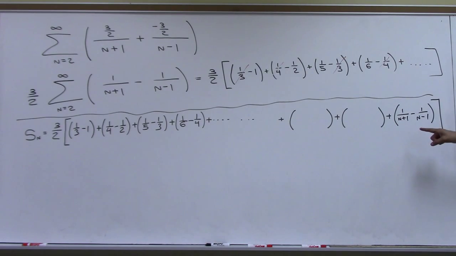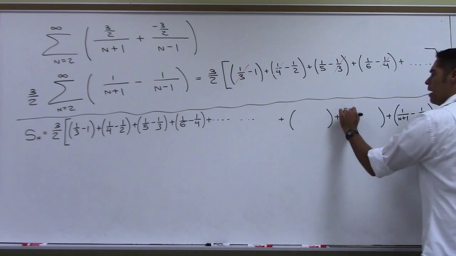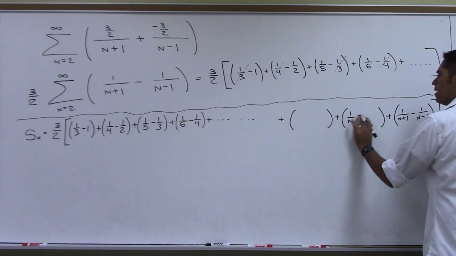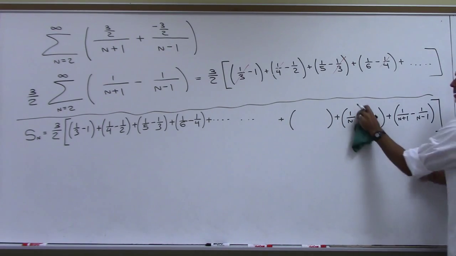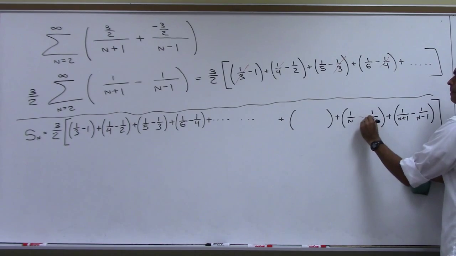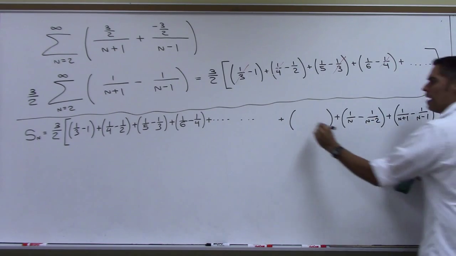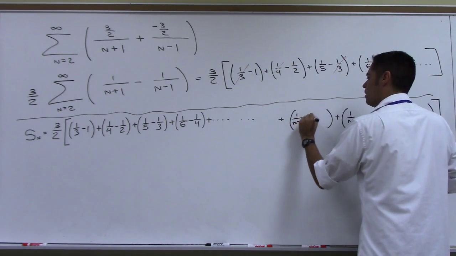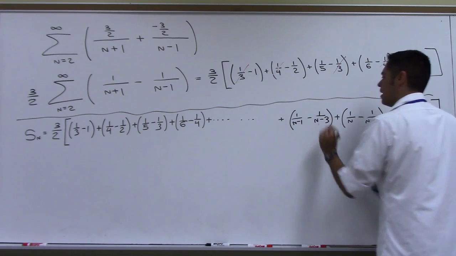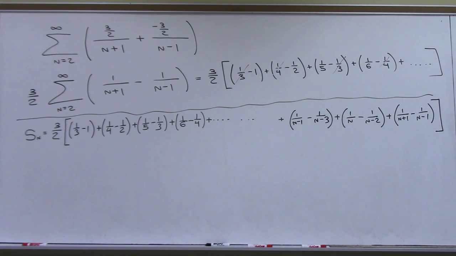The one before that is going to be just take 1 away from each of these. So 1 over n minus 1 over n minus 2. The one before that, 1 over n minus 1 minus 1 over n minus 3. Do you want to go one more? I have space for it.